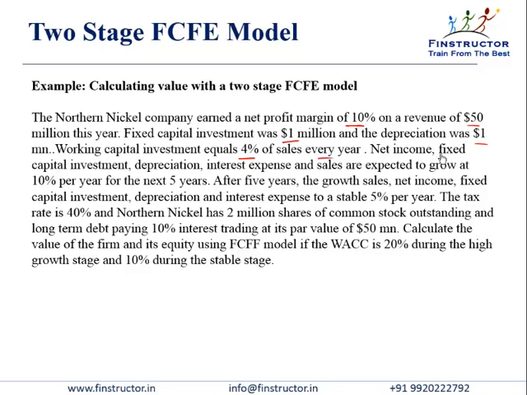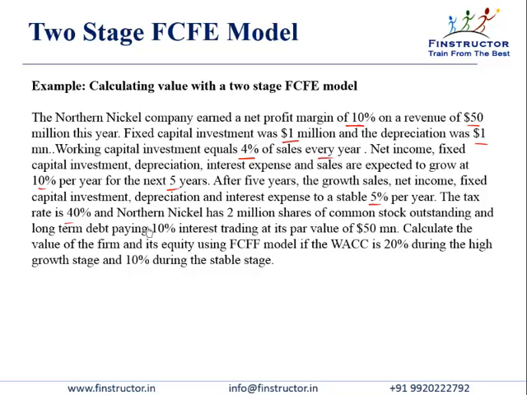Net income, fixed capital, depreciation, interest, sales are all expected to grow at 10% per year for the next 5 years. After 5 years, the sales growth, net income, fixed capital and interest, so all items again will grow at a stable 5% rate per year.